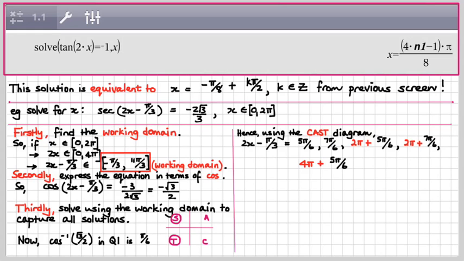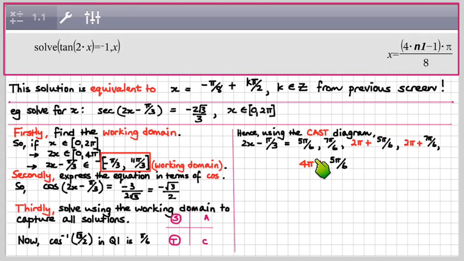Okay, so I've worked it out. I've said, alright, 2x minus pi on 3 is going to be 5 pi on 6, that's the first one from here, 7 pi on 6, and then adding 2 pi to the 5 pi on 6, to the 7 pi on 6, and then again, I think that one might be out of range.